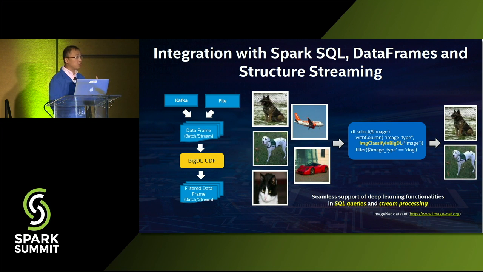Now, instead of querying the database using the name or description of the image, you can get the raw image data and pass it to your UDF, which in this case is defined as an image classifier in BigDL. Using that UDF to process the raw pixels of the image with the deep learning model you already built, you generate a label, for instance, and then you can query that label. In this case, you can select the dogs from the images based on the pixels of the image. And so it's easier to integrate with Spark SQL, DataFrames, or structured streaming in this fashion.